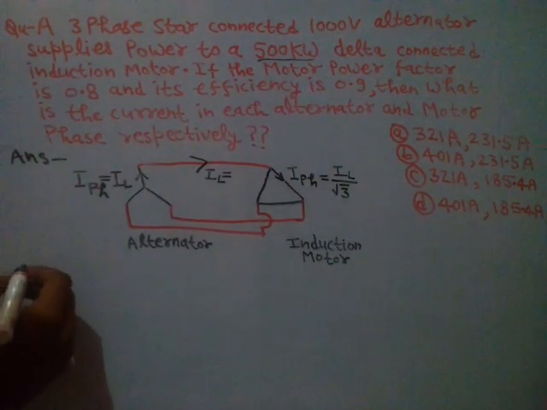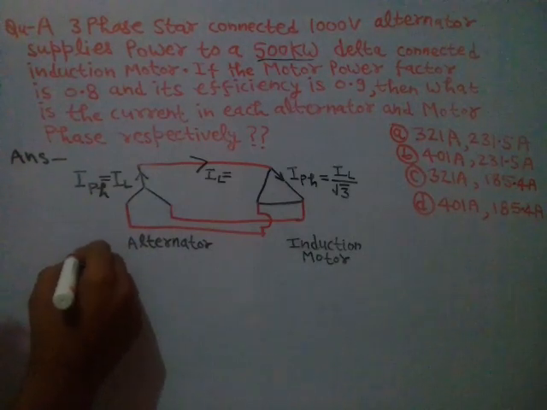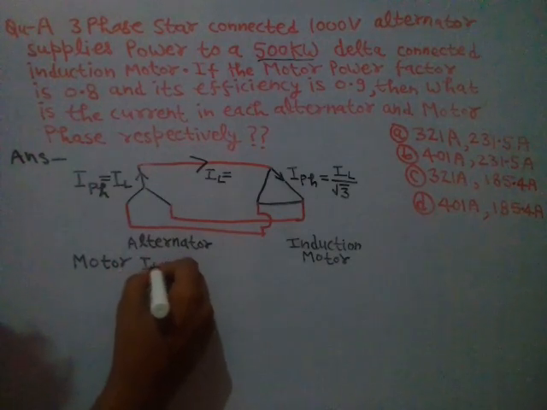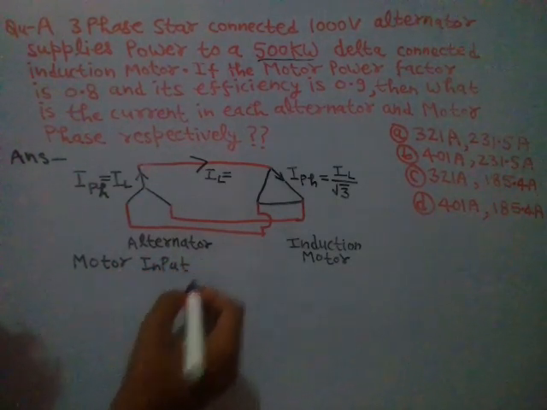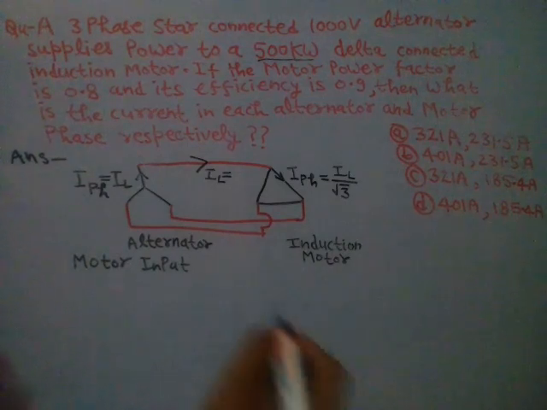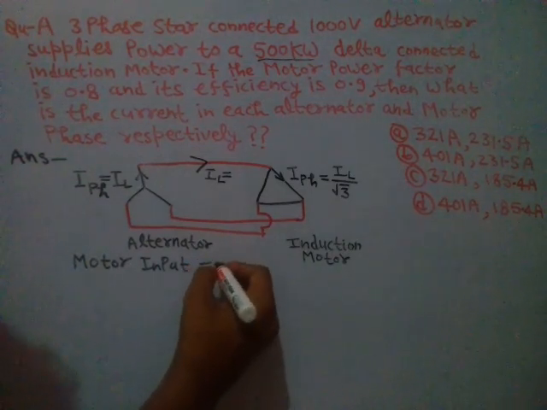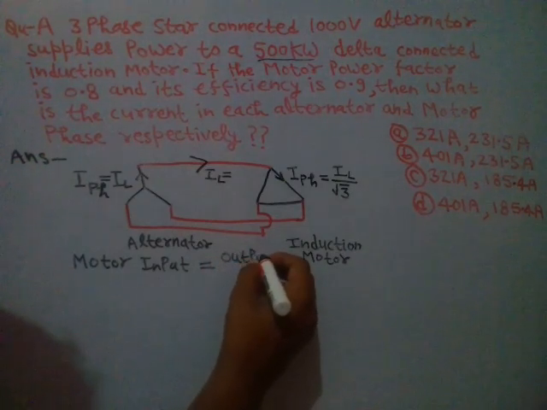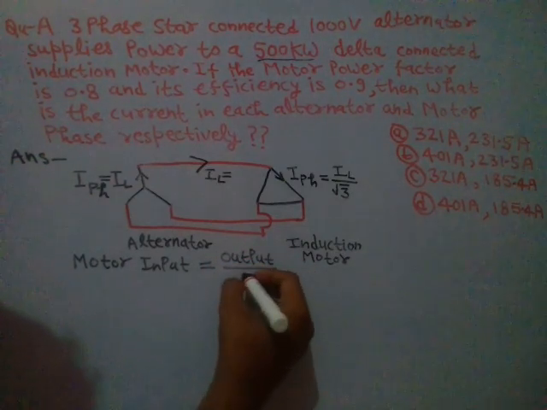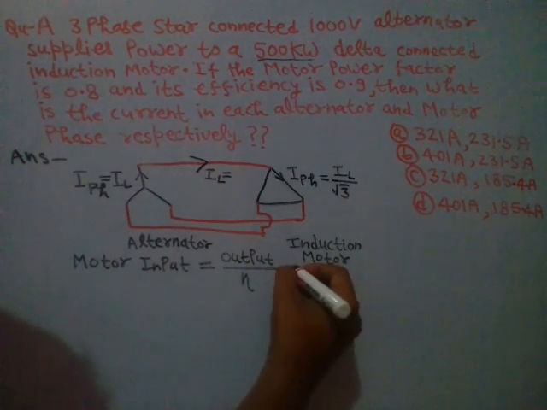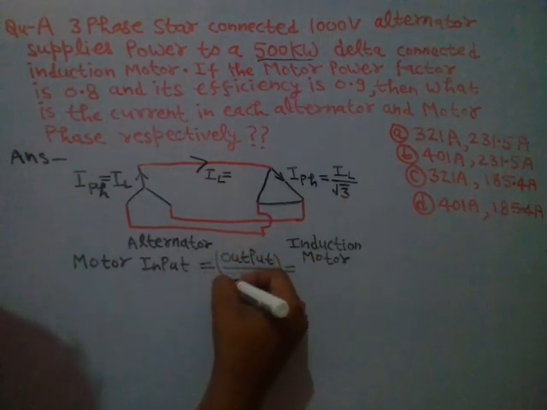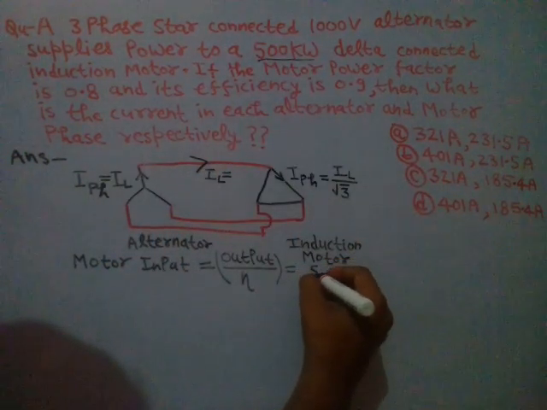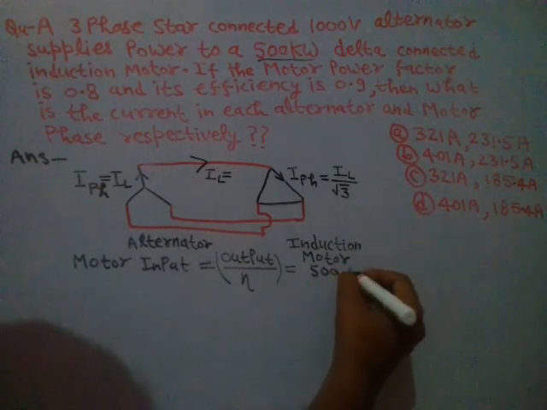So the induction motor power input is nothing but output by efficiency, that is eta, and here the output is given as 500 kilowatts.